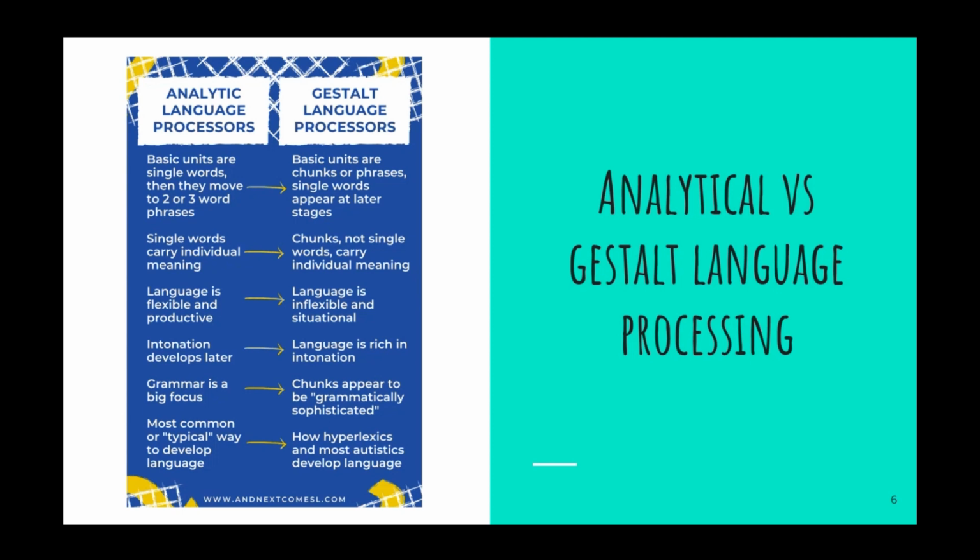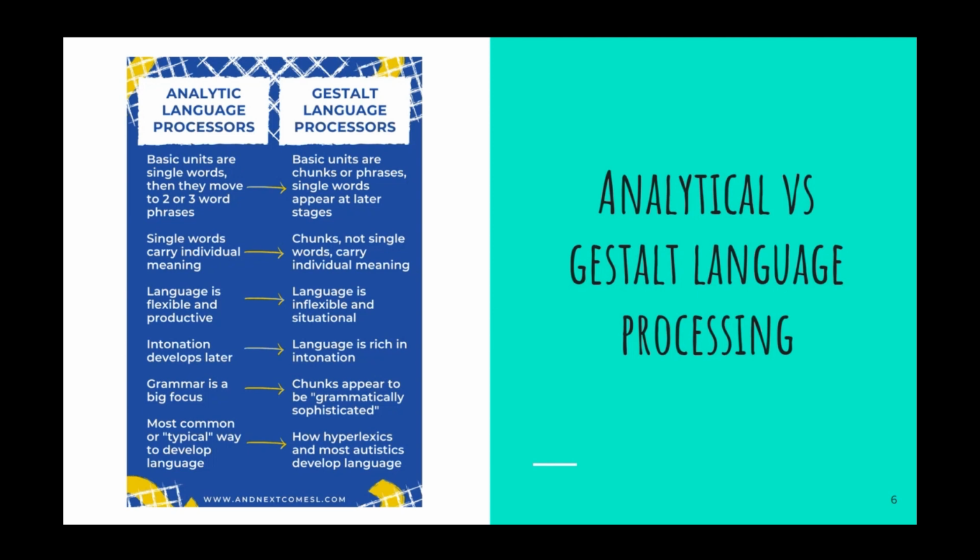So you really need to know where that Gestalt has been learned from or what it was associated with to understand it. In contrast, children who are using analytical language processing, because they're starting off with shorter phrases, it's often much clearer what their meaning is.